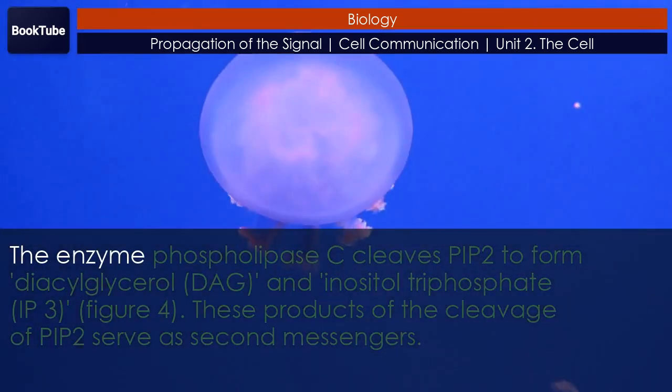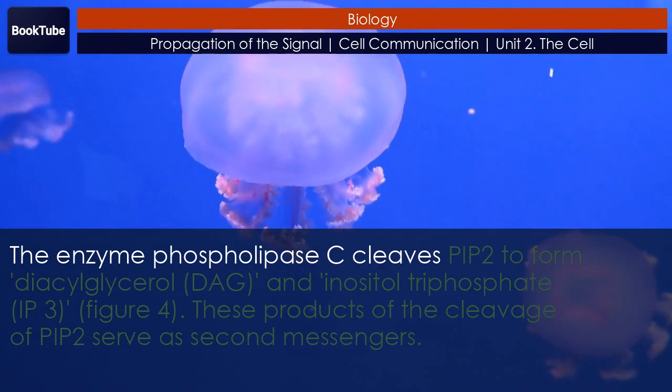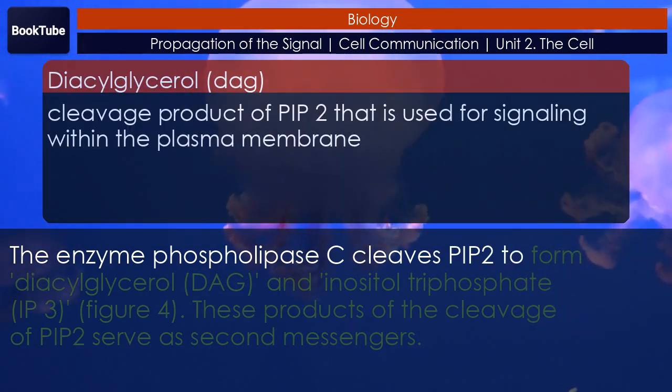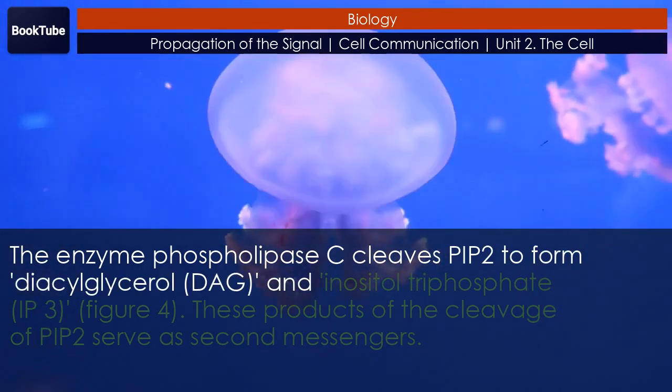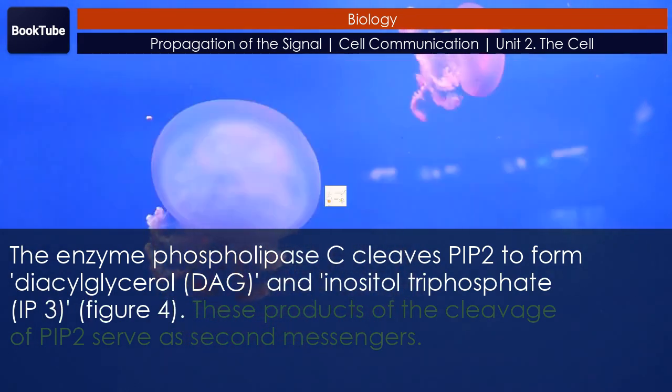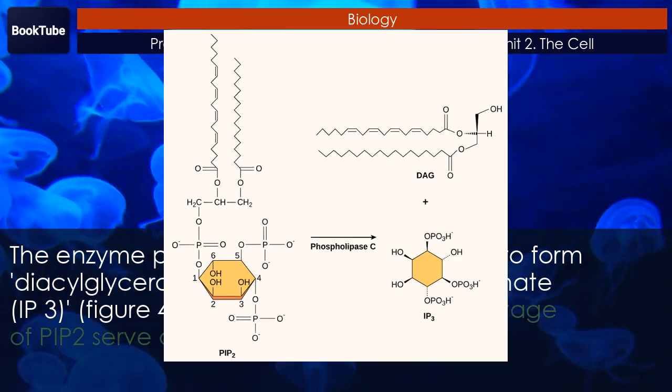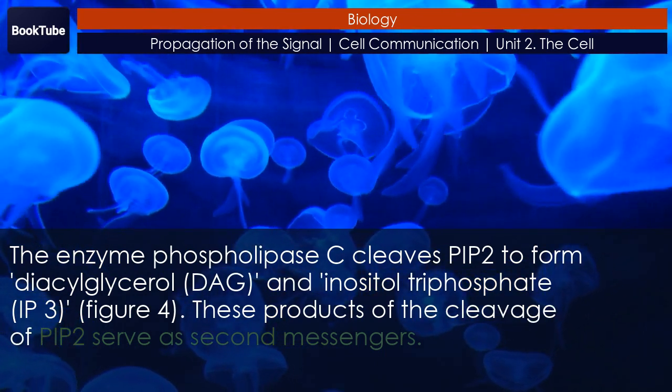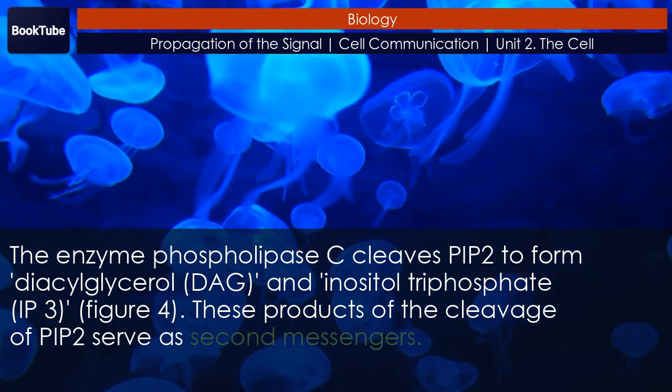The enzyme phospholipase C cleaves PIP2 to form diacylglycerol, DAG, and inositol triphosphate, IP3. Figure 4. These products of the cleavage of PIP2 serve as second messengers.